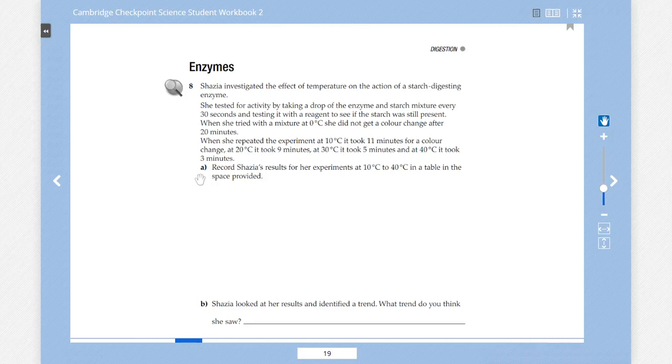For the first question, part A: record Sazia's results for the experiment from 10 until 40 degrees Celsius in a table in the space provided. You make the table here.